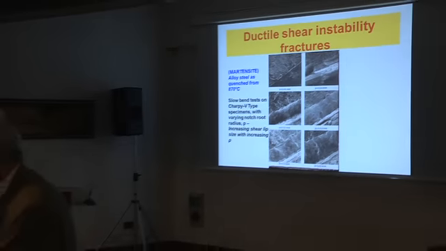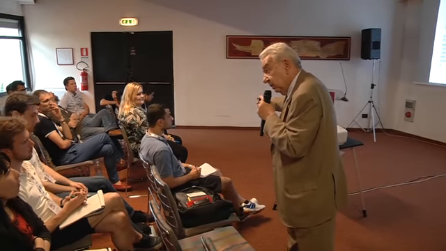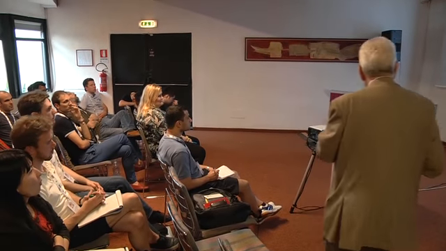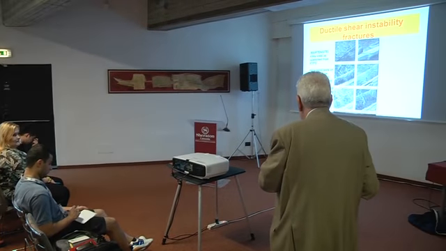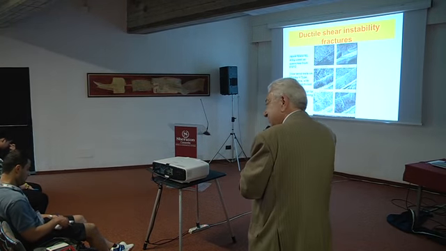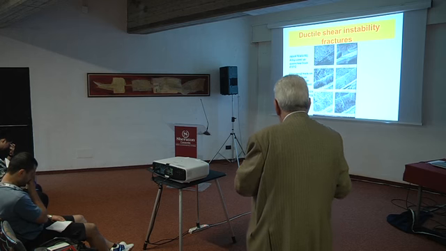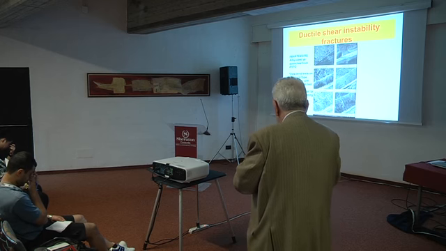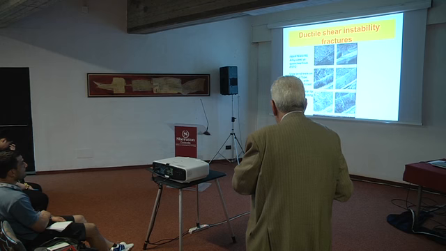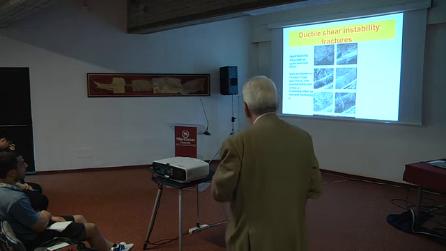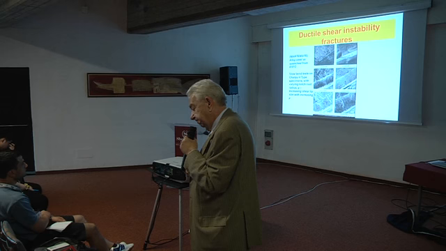So we are going from much less than 0.25 to much more than 0.25. And if you begin at 0.1, 0.15, you have a fracture by shear instabilities along slip lines.